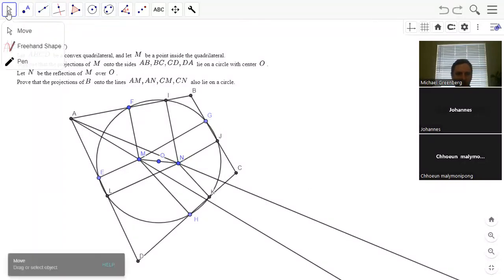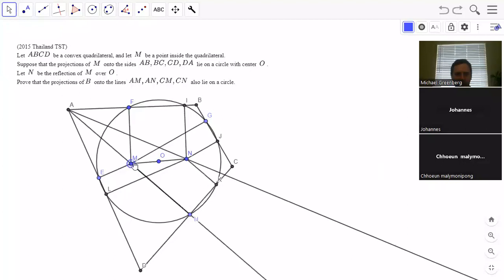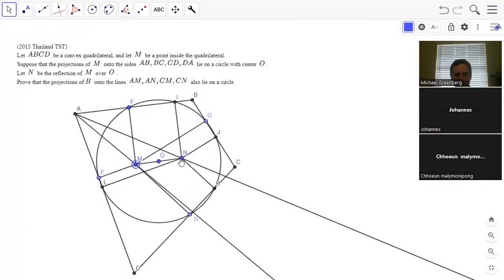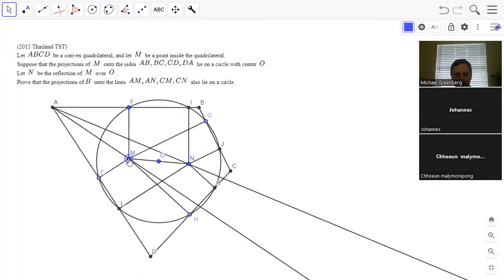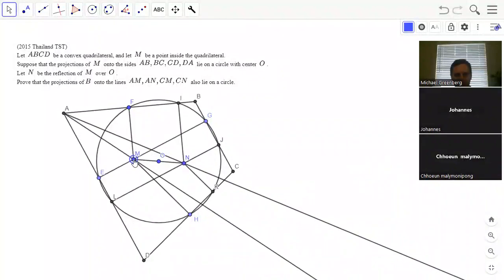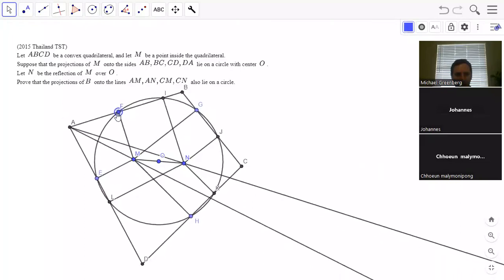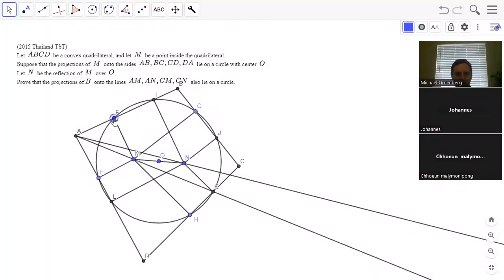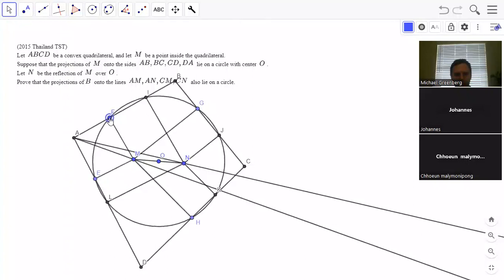Let's draw it so that those look easier. Maybe if B is more like that, it would be a little easier.